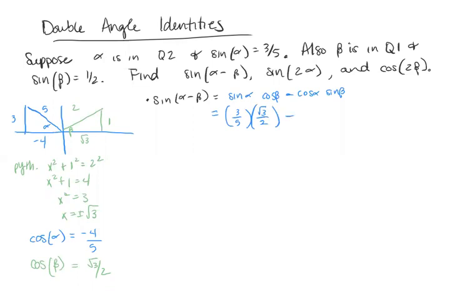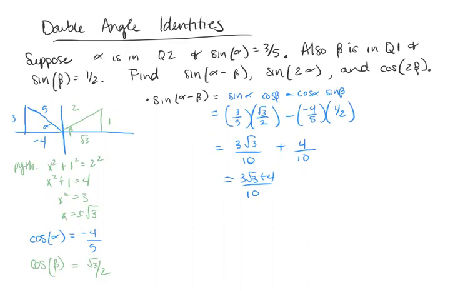The cosine of alpha we just found is -4/5. And then the sine of beta we were given is 1/2. We'll multiply these, you get 3√3 over 10. Those negatives are going to cancel, so this will be +4 over 10. I'm going to write that as 3√3 plus 4 over 10.